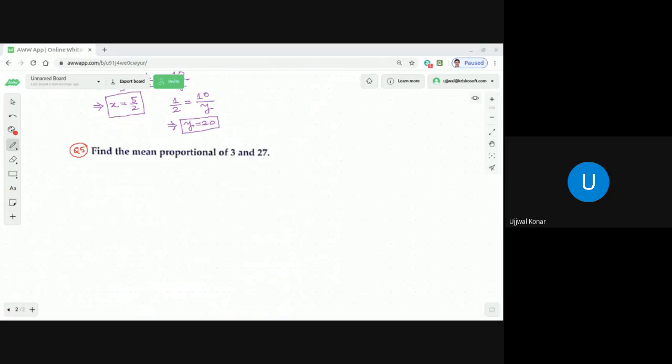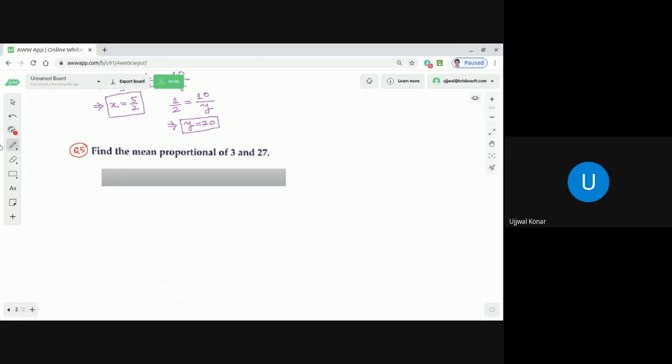Sir, 9 is the mean proportional. Perfect. Correct. Yes, 9 is the mean proportional. Absolutely correct answer. Appreciate.